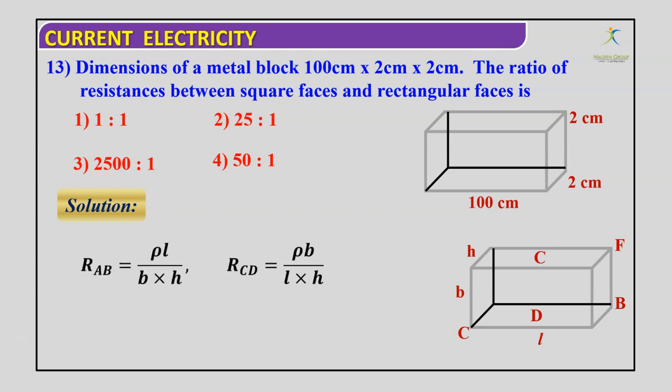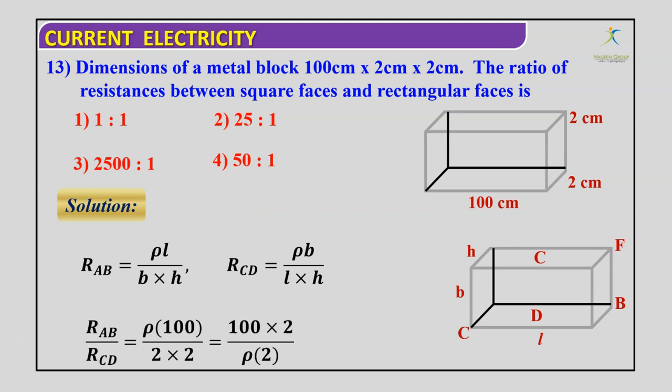So we know the formula RAB is equal to rho L by B cross H. RCD is equal to rho B by L into H. So RAB by RCD is equal to 100 divided by 2 into 2, which is 100 into 2, and we get the ratio 2500 to 1.